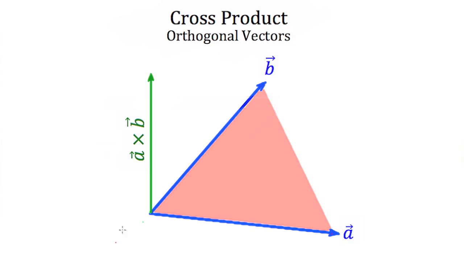If I cross A with B, the vector that I get as an answer is perpendicular to vector B and to vector A. Now if I cross B with A instead, remember that's the negative of this vector, so I would end up with a vector that's just going in the opposite direction. This is B crossed with A.